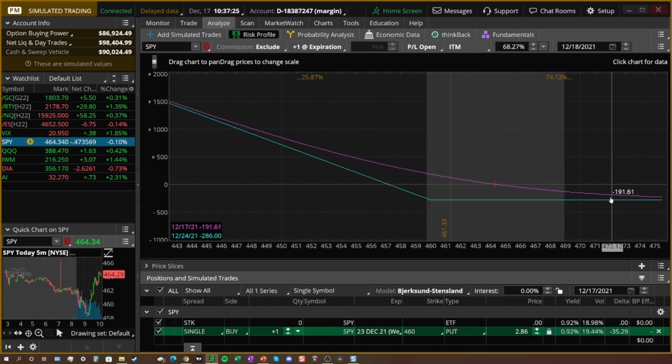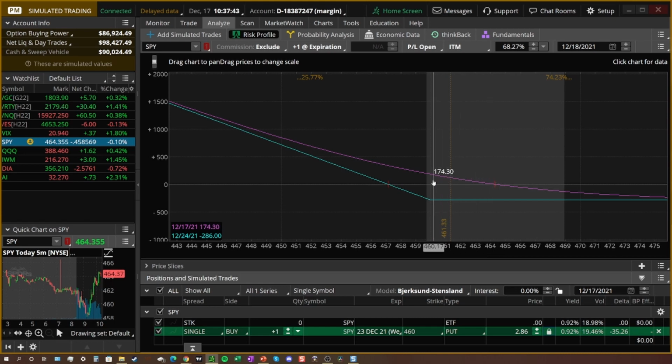And in the purple line, you can see where the value would be. We're looking at the SPY here, right? So that's where our break even is, kind of where the current market is, where we currently got in.